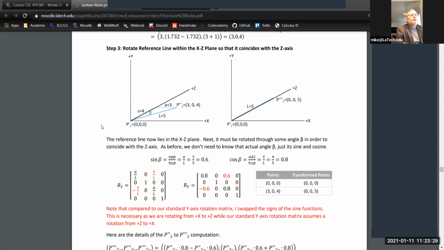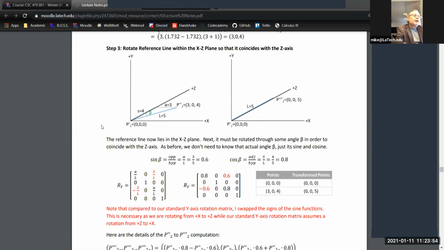If you go back and look at the way we defined Y-axis rotation, we defined it from plus Z to plus X, but we're going from plus X to plus Z. So we're going in the opposite direction of the way we defined it. So I've got to flip my signs there.